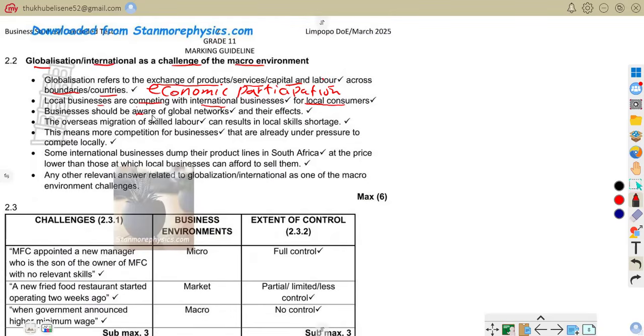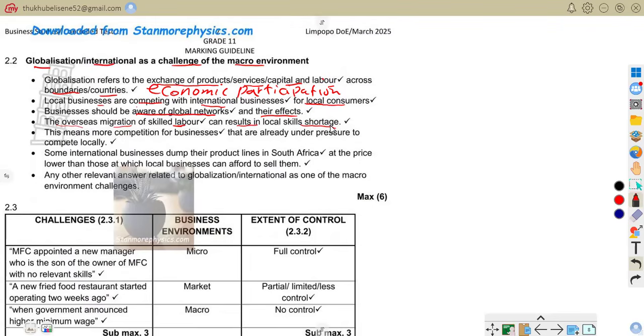Businesses should be aware of global networks and their effects. What it means is that businesses must understand global supply chains and trends. For example, a retailer is affected when there are international shipping delays. The overseas migration of skilled labor can result in local skills shortage.